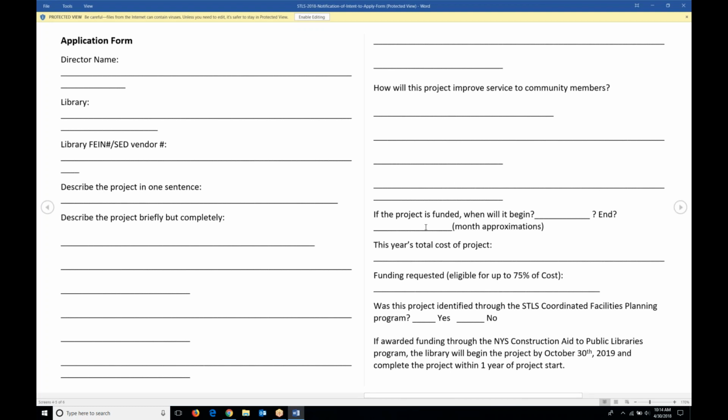If this project is funded, when will it begin and when will it end? A requirement of construction aid is that you begin construction on your project within 6 months of formal approval of your project, and that you then complete it within a year of that start.